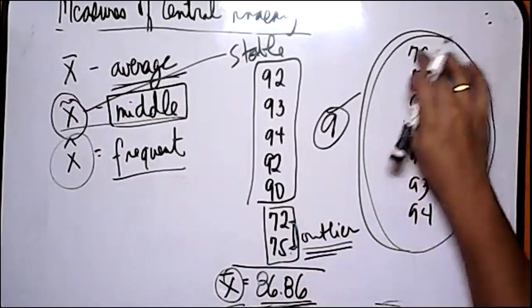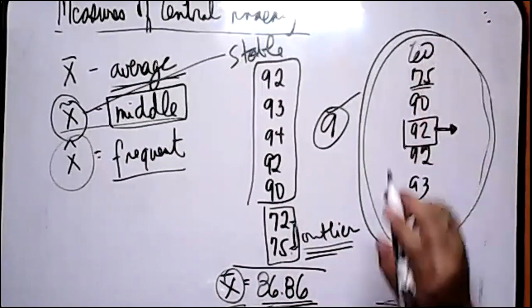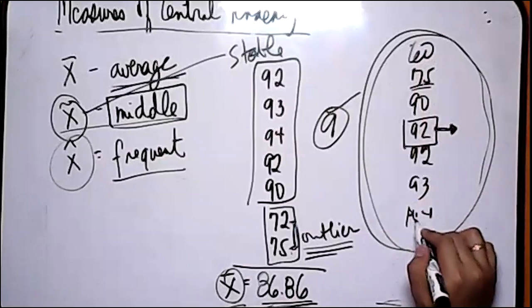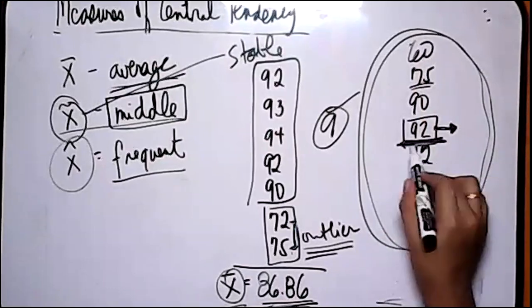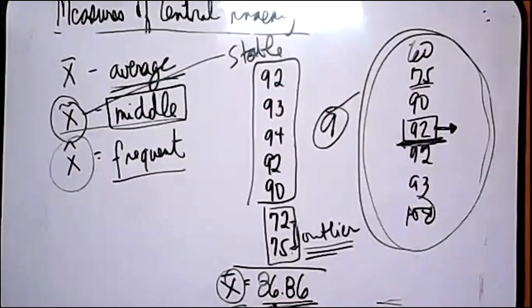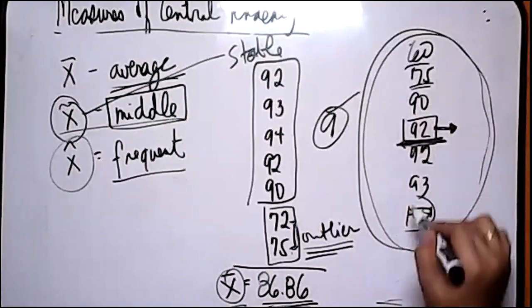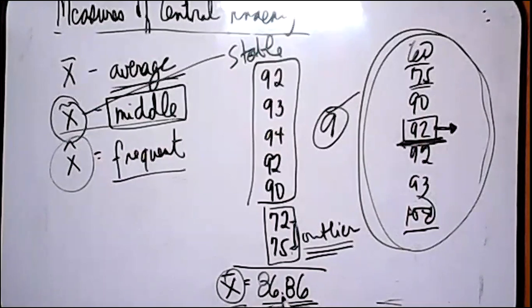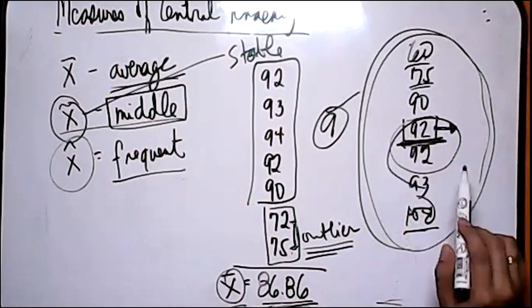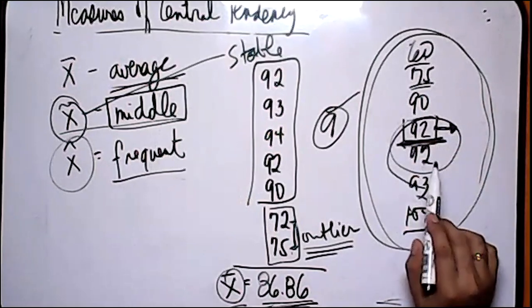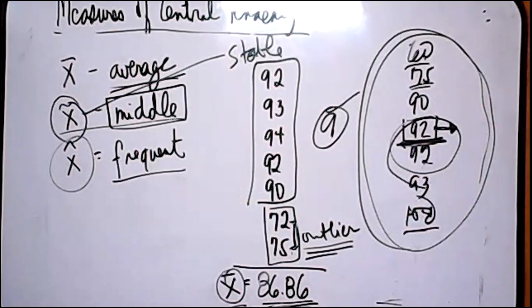Kahit napalitan mo yan, sabihin mo pang 60 yan, o sabihin mo ito 100, hindi magbabago itong median value mo. Pero itong mean mo, magbabago. Doon pumapasok yung median value. Dito sa case na ito, ang ating mode ay 92 din, at ang ating median value ay 92. Ang nagbabago lang talaga yung ating mean.